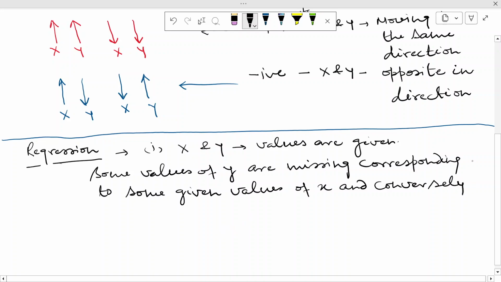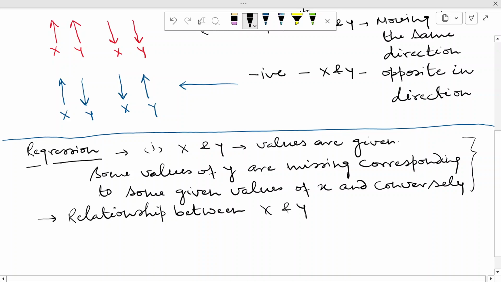So when we have to do this type of investigation, it is required that we draw a relationship between x and y. The main goal is to derive a relationship between x and y.